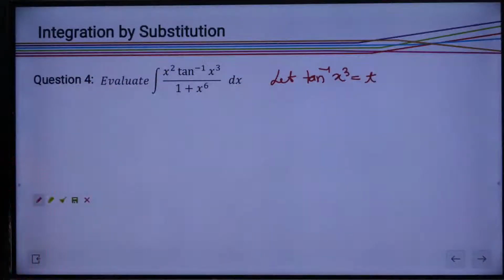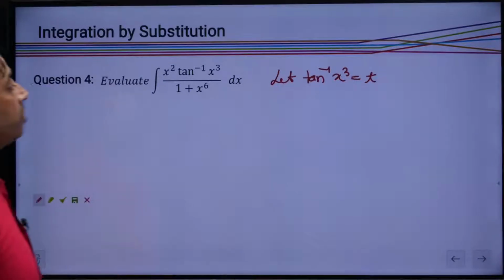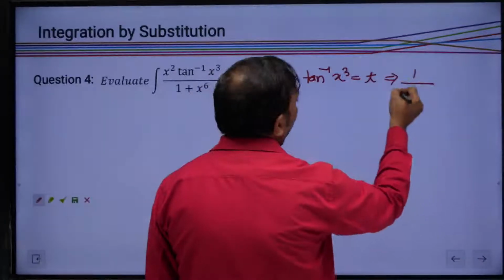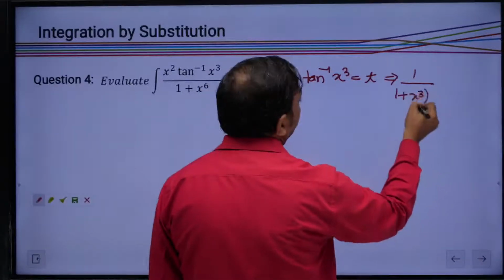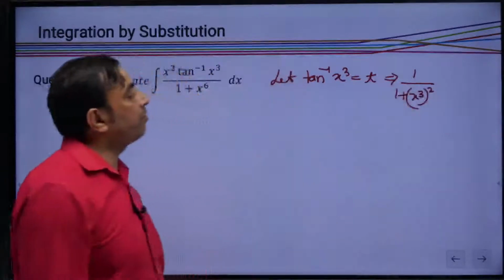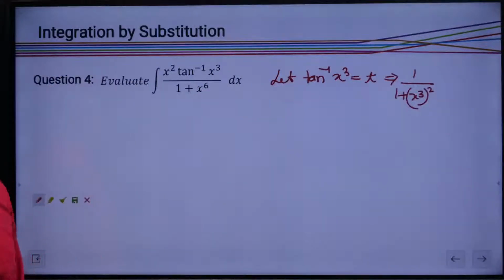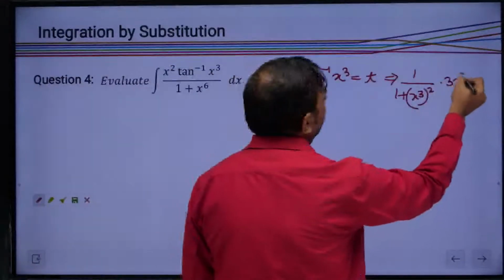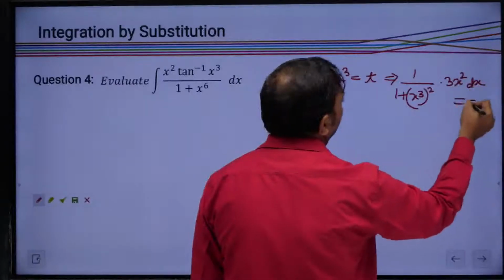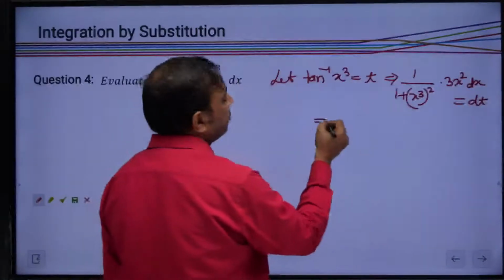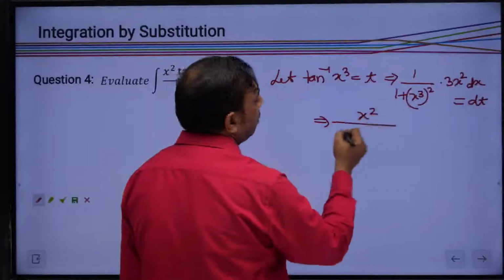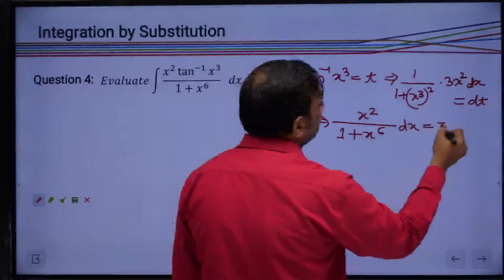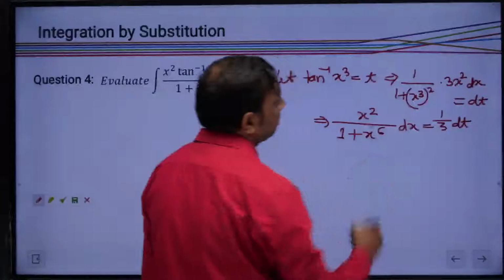So we'll go for this substitution, tan inverse x cube equal to t, and from here I got 1 upon 1 plus x cube whole square, that is a formula for the differentiation of tan inverse x, 1 upon 1 plus x square, and with the help of the chain rule we got 3x square here and dx equal dt. So from here what I receive, I have just received that x square upon 1 plus x to the power 6 dx equal 1 upon 3 dt.